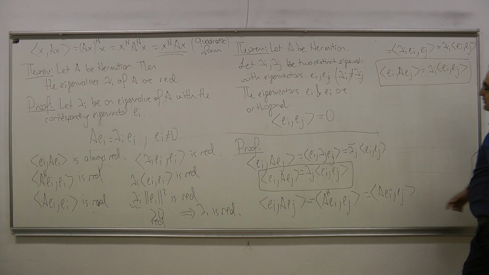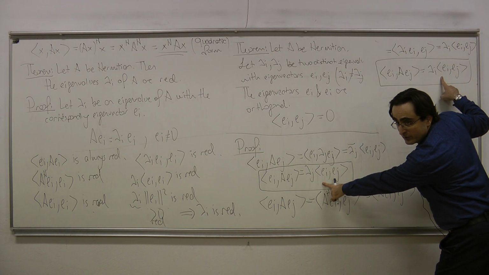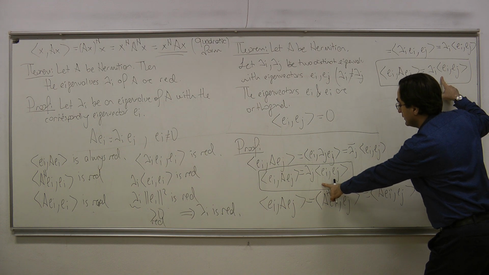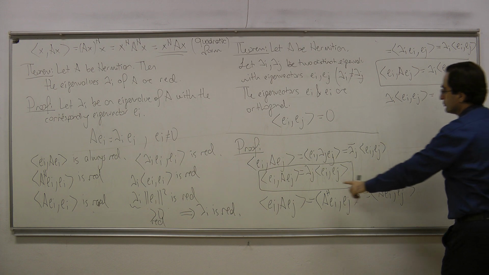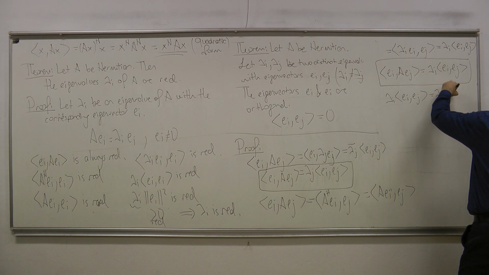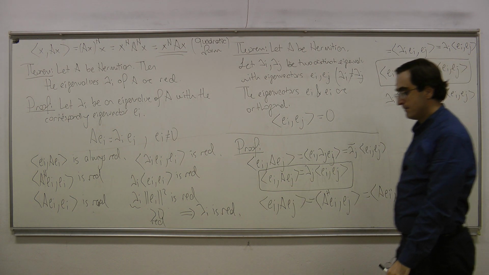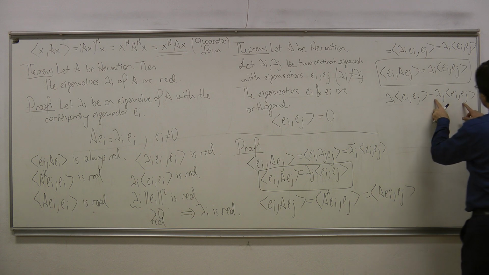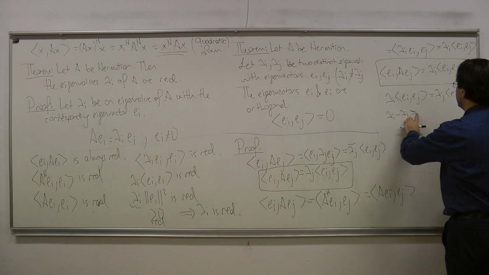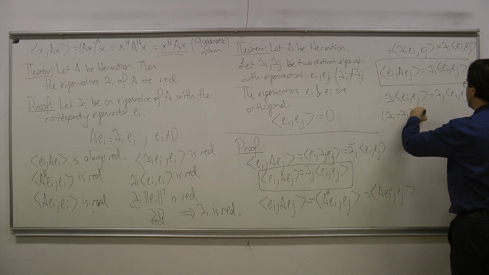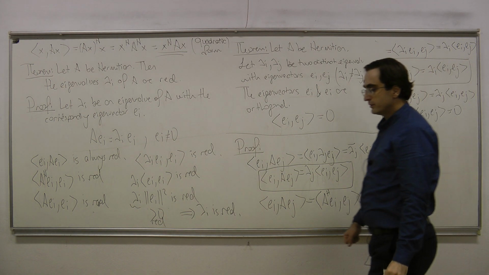So the same quantity is equal to these two different quantities. That means lambda I, EI, EJ should be equal to lambda J, EI, EJ, because they are equal to the same quantity. Now let me take the right hand side to the left. So lambda I minus lambda J, a scalar, times EI, EJ has to be equal to the scalar 0.